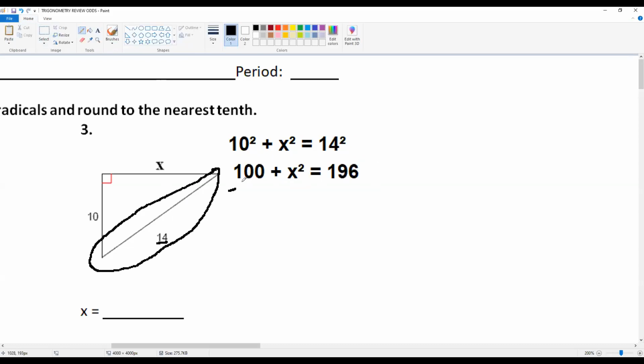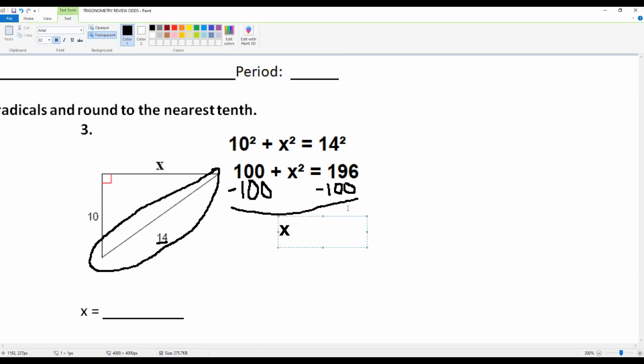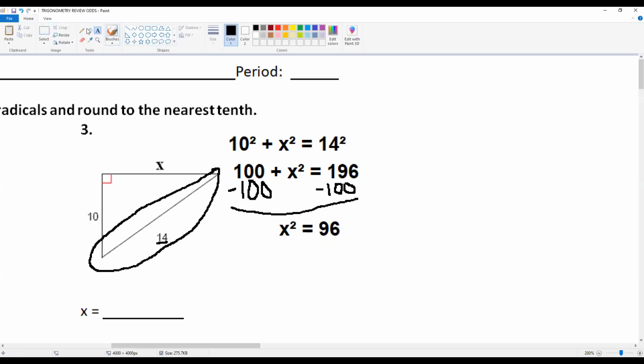Again, what's going to make this different is you're going to have to take away 100 from both sides instead. And then you're going to get x squared equals 96. And just like we did on the last one, we're going to have to take the square root of both sides.